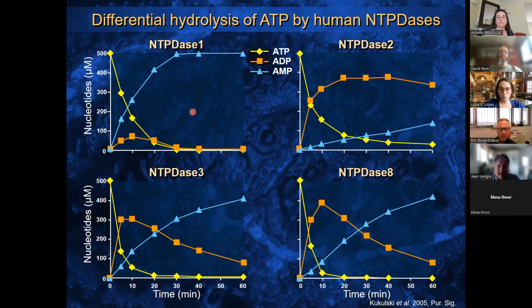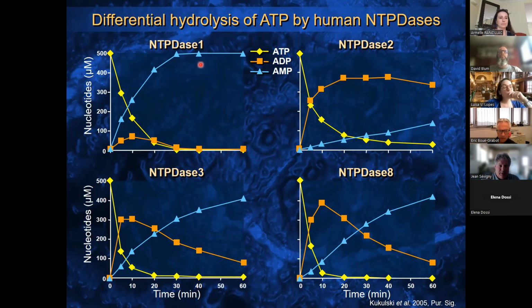Those are the most important ectonucleotidases to hydrolyze nucleotides at the cell surface in physiological conditions and physiological pHs. I'm not talking about NTPDases 4 to 7 because they are mainly associated with intracellular membranes and are not expected to hydrolyze nucleotides at the cell surface. So as you can see, ATP is very well hydrolyzed by all of these enzymes.